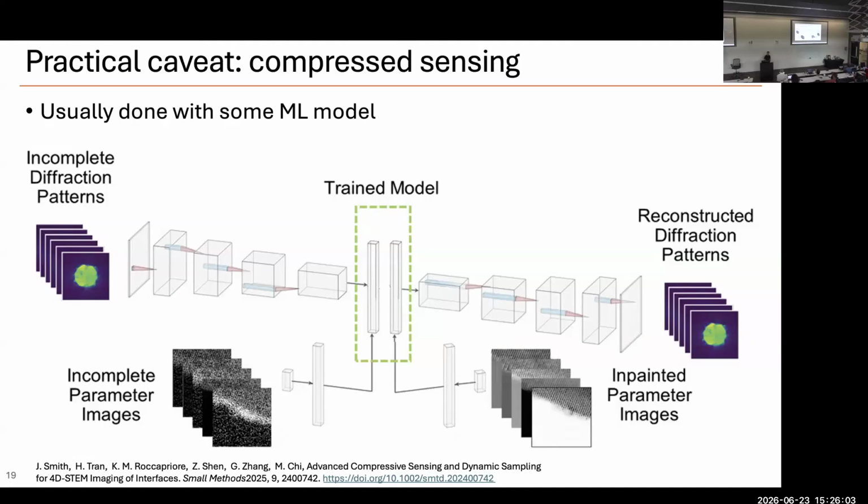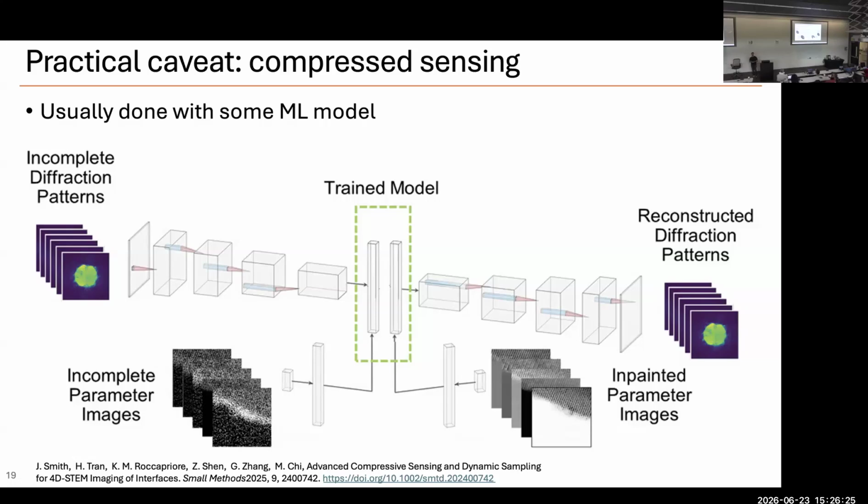So as you saw in Colin's talk, in practice, all of these methods that are sparse scanning methods require some sort of reconstruction algorithm. A lot of these reconstruction algorithms for imaging are really well defined in terms of compressed sensing, and there is a lot of mathematics that goes into that.